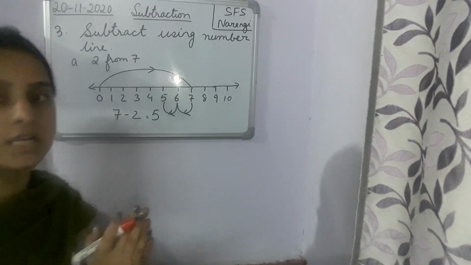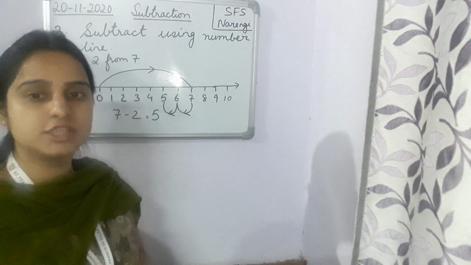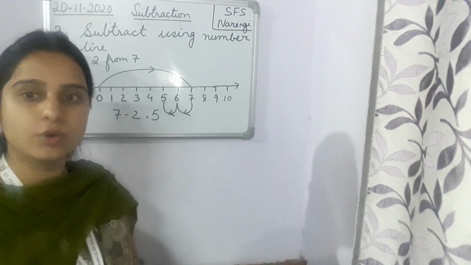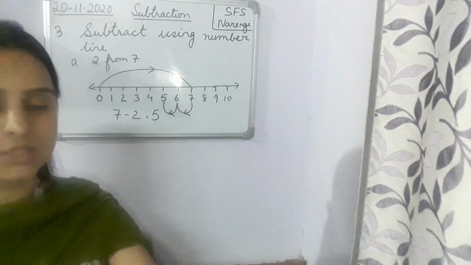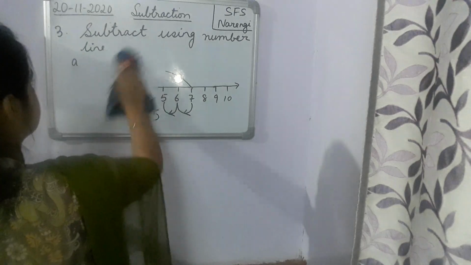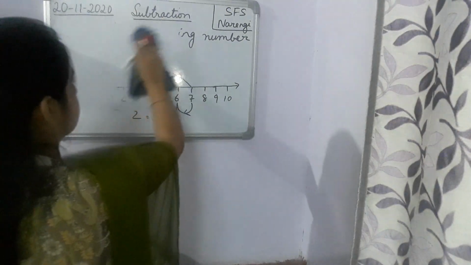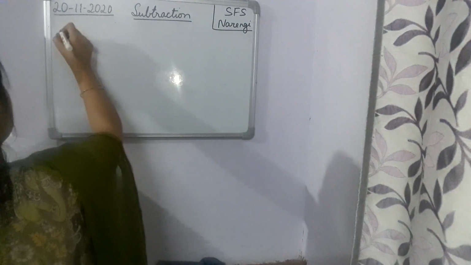In subtraction, children, we find the smaller number, and when we do addition, children, we get the bigger number. Okay? Is it clear? So let's do one more question. Number 4.